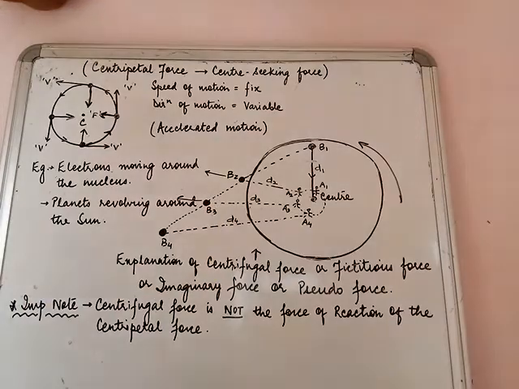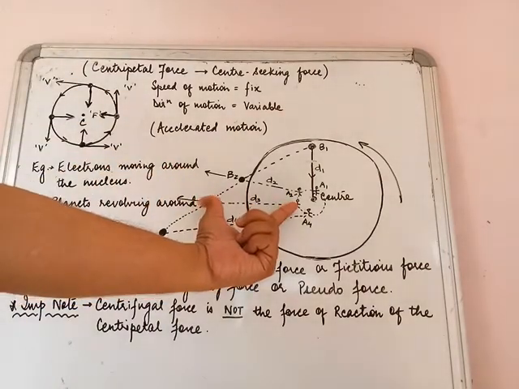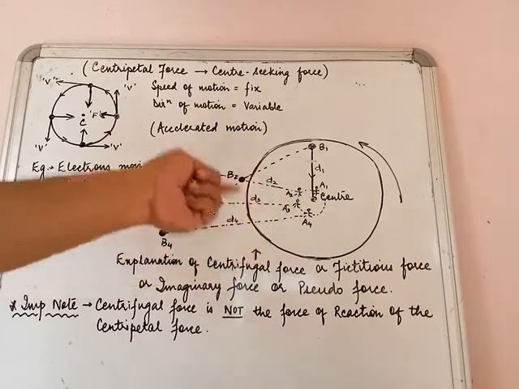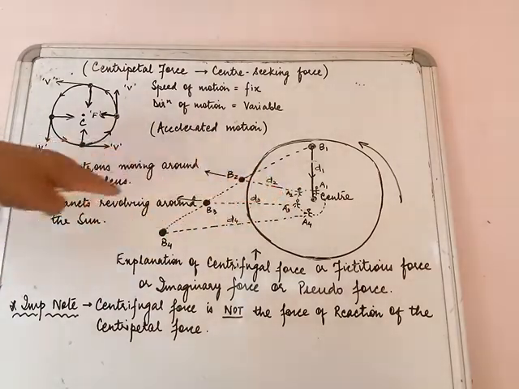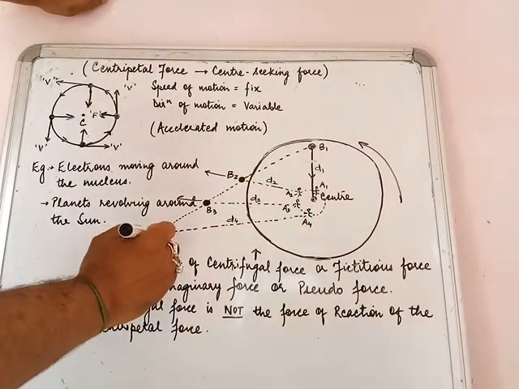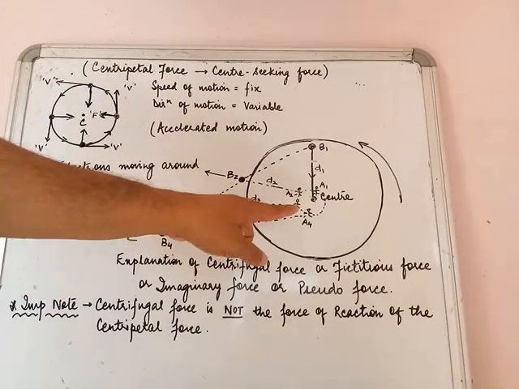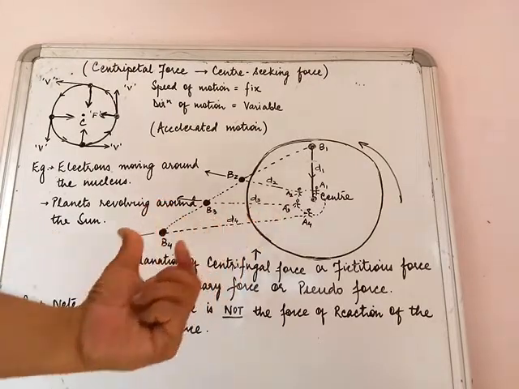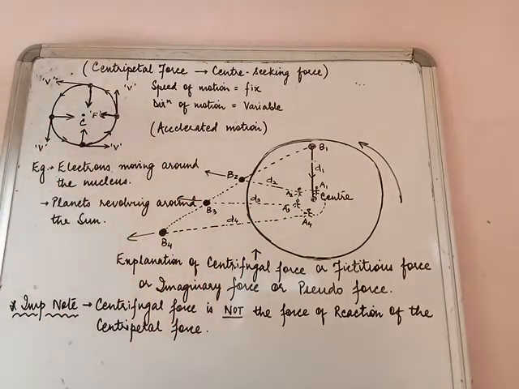Once again, if I draw the arrow over here, this time the distance D3 between the man and the ball has increased even further, and the direction of movement of the ball is once again radially outwards. Similarly, in the fourth position, the ball has reached a position B4, whereas the person has reached the position A4. So D4 has increased even more, and once again the motion of the ball is radially outward.